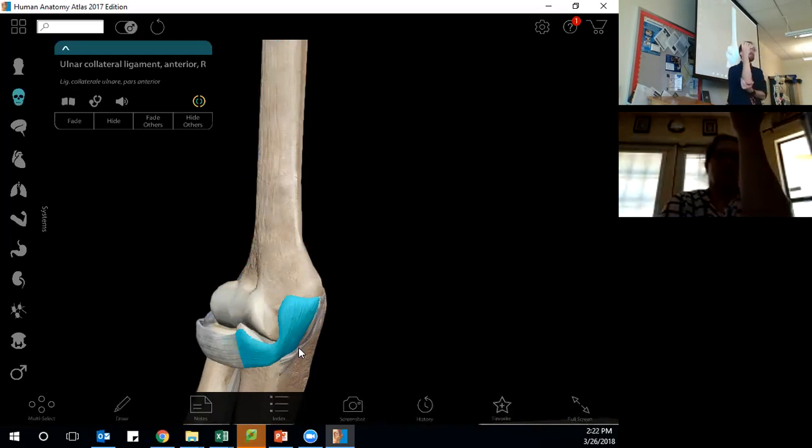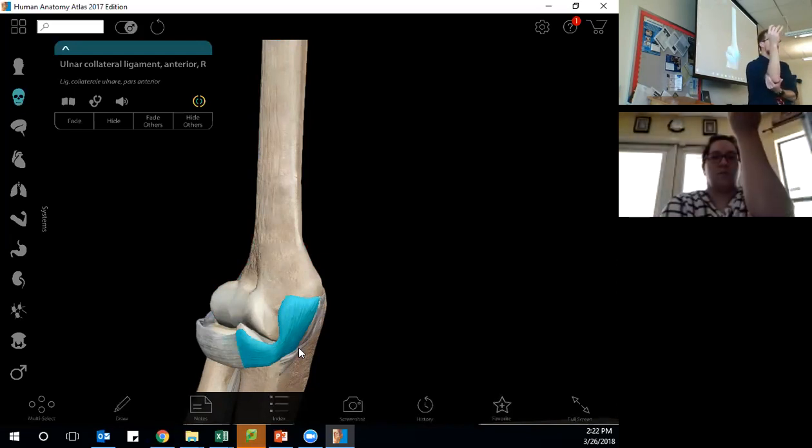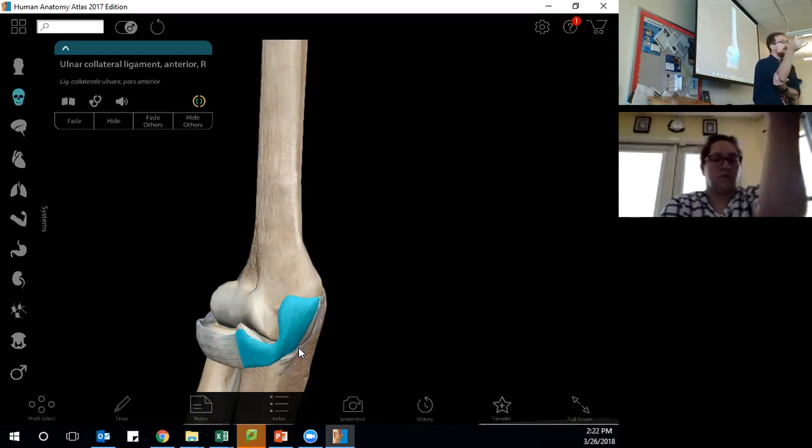It's not a definitive structure that you can really identify like the LCL, to where you know you're on it. But if you have an injury there and that's where you're palpating, that's where you're going to elicit some pain. So you're on it without really being able to differentiate it. Now, if you go just behind it, you'll notice that's your spot for your funny bone. When you whack this on a chair or on a table, so what is the funny bone?